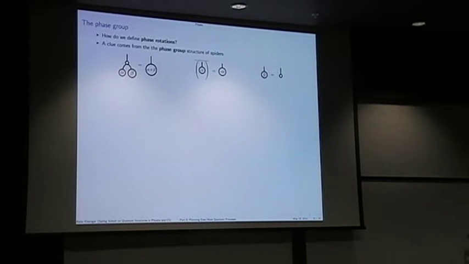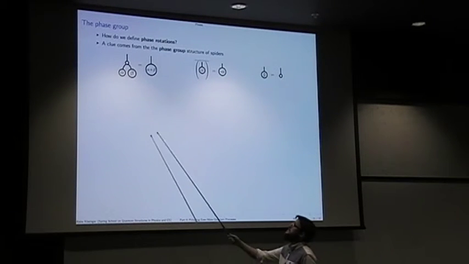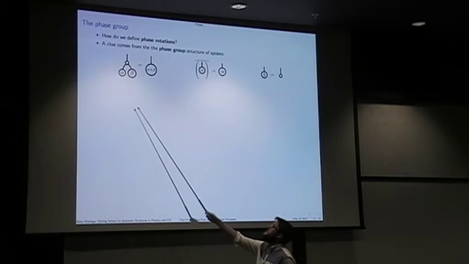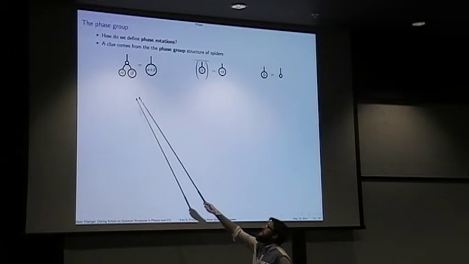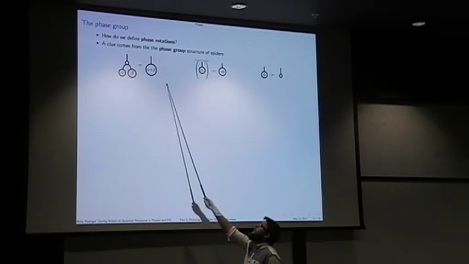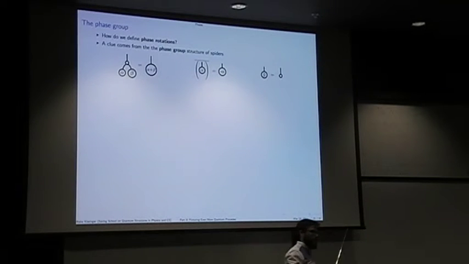If we take this a bit more seriously, we can think of this thing as a multiplication of phases, right? So I put a phase in there, I put a phase in there. I can just call this thing alpha plus beta, right?